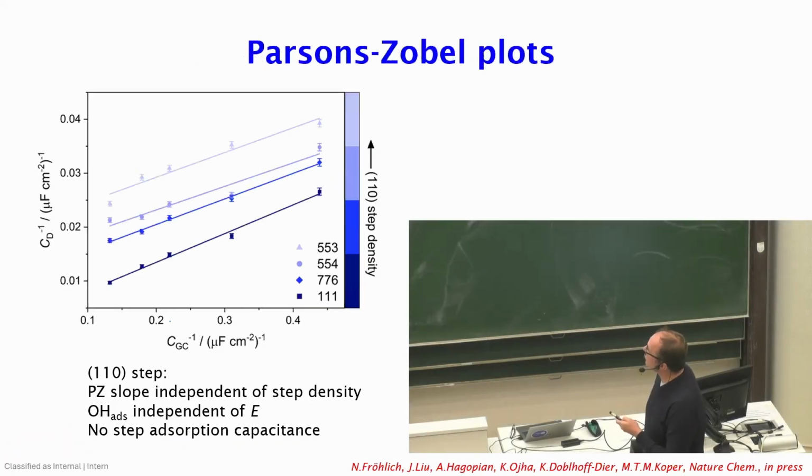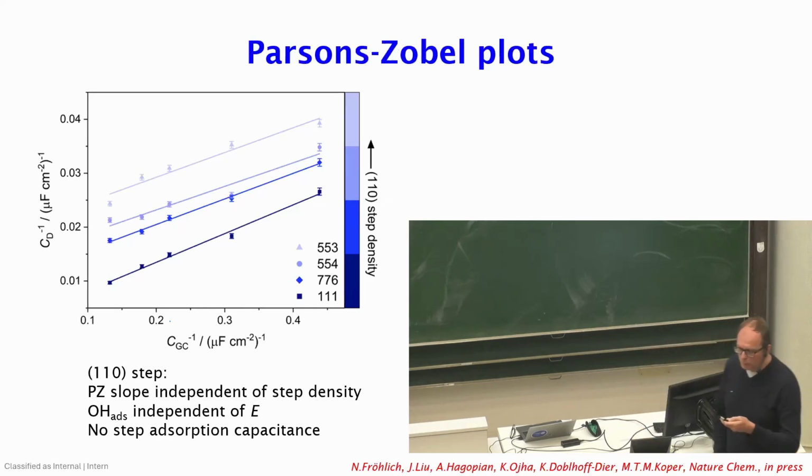The other interesting observation is that now we can look at these Parsons-Zobel plots, and we can see that if we do this for the 100 step density, we see that the slope remains the same. So we still see that the Parsons-Zobel slope is much smaller than what we would expect, but it doesn't change as a function of step density.